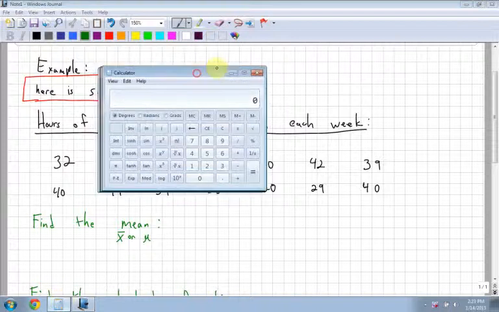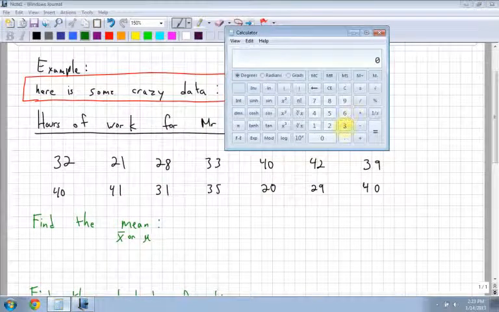To find the mean, it's just like finding the average back in the day, and you basically just add up all the values: 32 plus 21 plus 28, 33, 40, 42, 39, 40, 41, 31, 35, 20, 29, and 40.